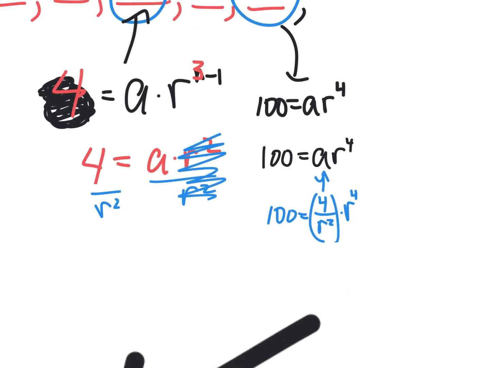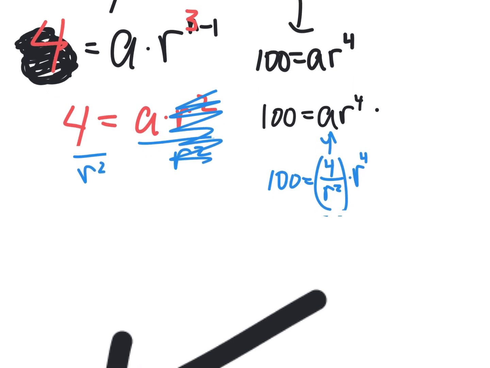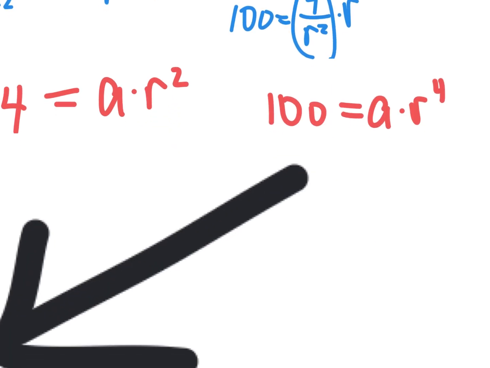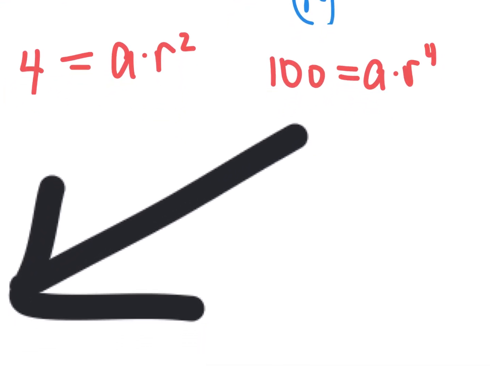All right. Now, here's the alternate way to solve it that I thought was cool from last hour. Here, I'm going to rewrite the two equations this time in red. 4 equals a times r squared, and here's 100 equals a times r to the fourth. And the way this kid thought was, what's the difference between these two?